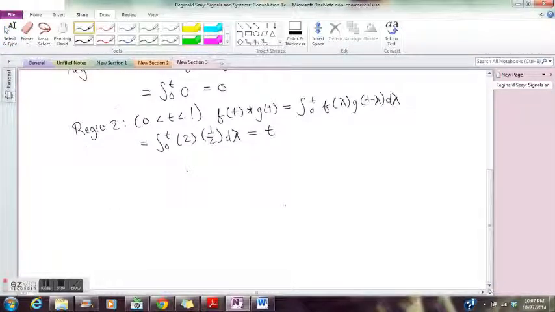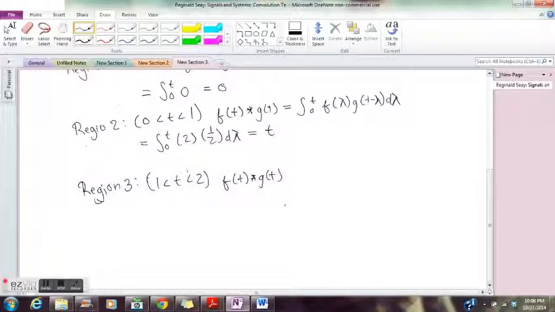Okay, so now that we have that, we can do region number 3. For our region 3, we have 1 less than t less than 2.